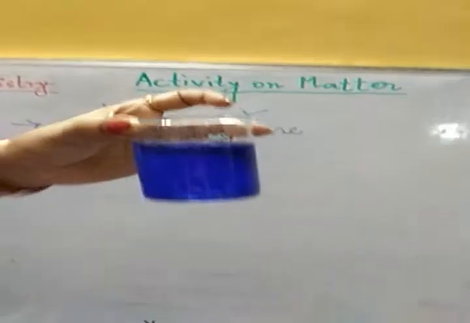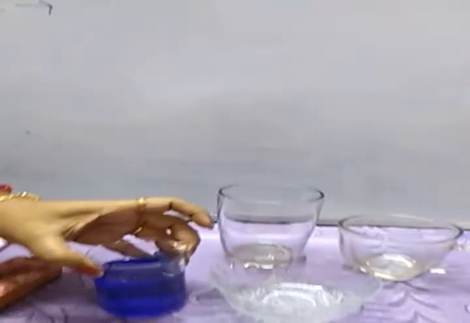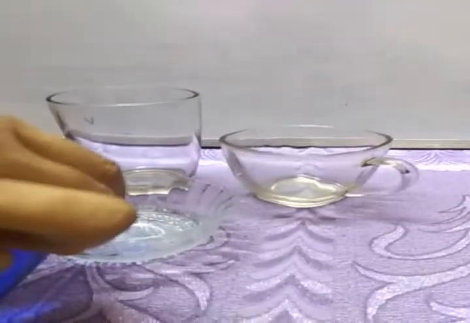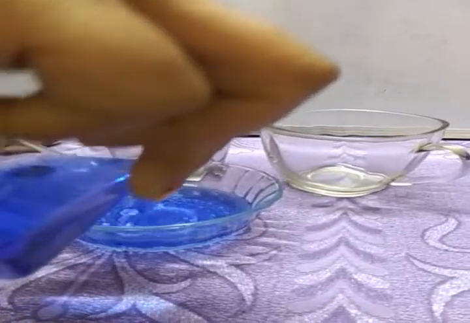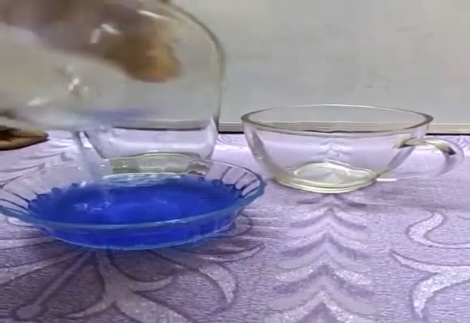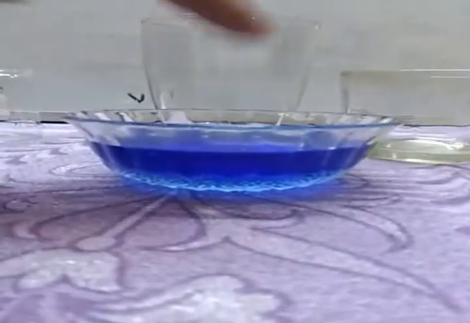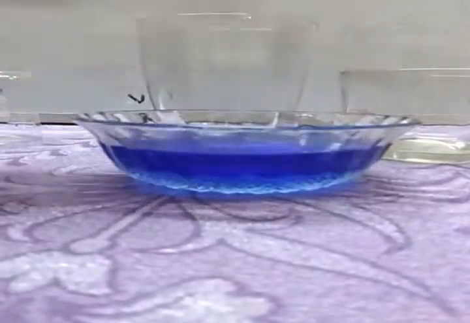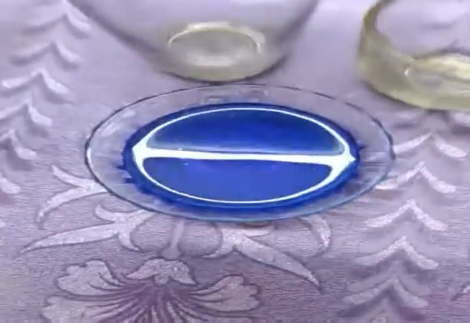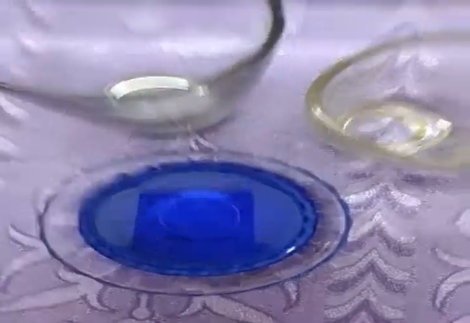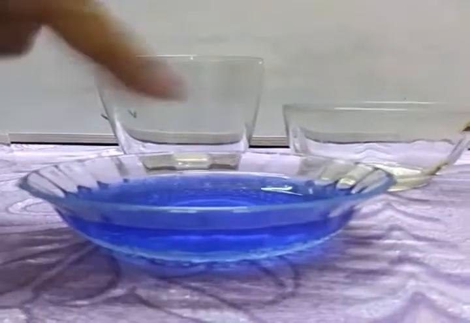Okay, now this water I will be pouring in some other containers. See, I am pouring this in this bowl. Now you can see the bowl is having some other volume. The bowl is having some other shape.